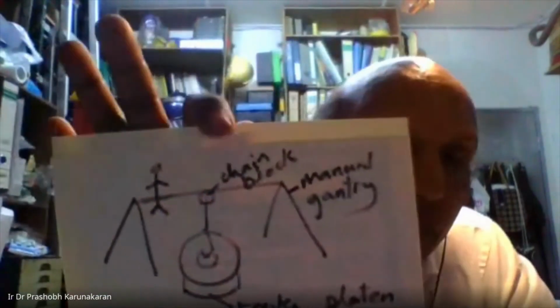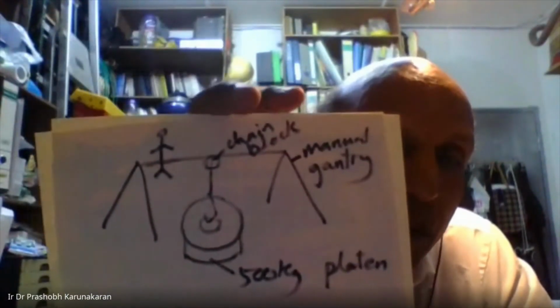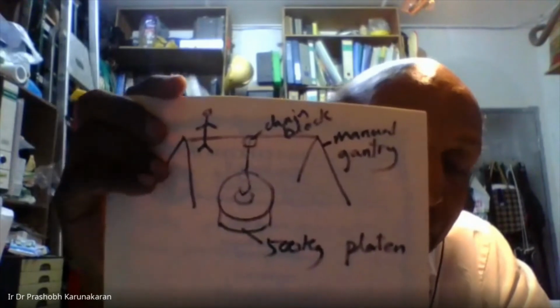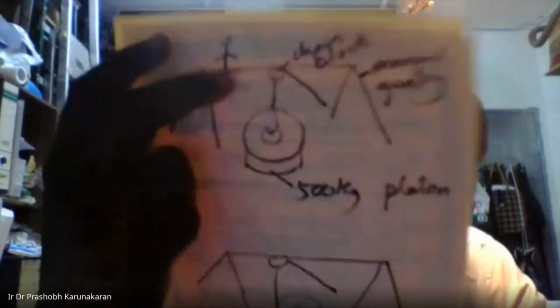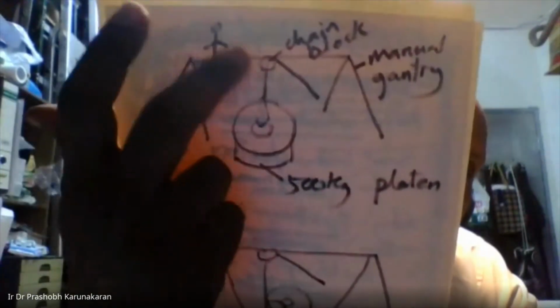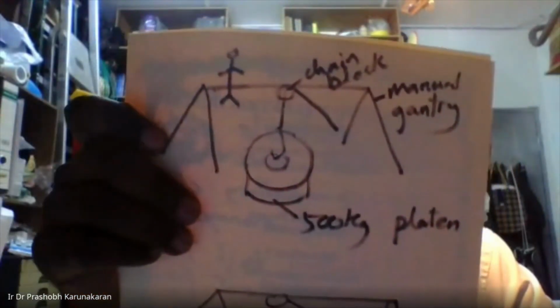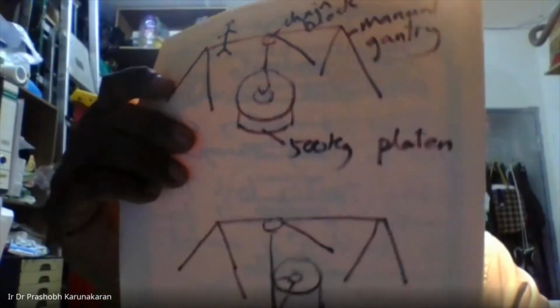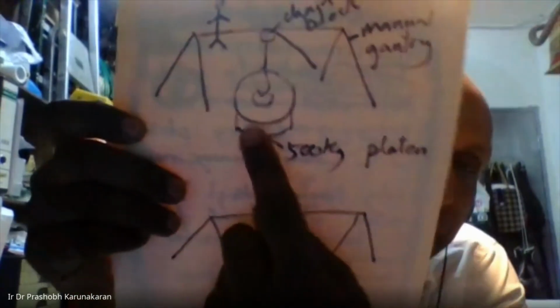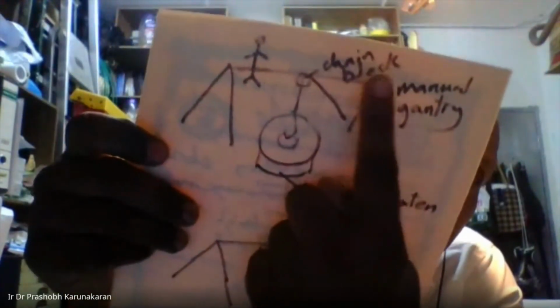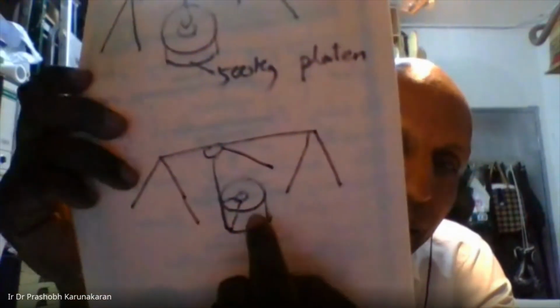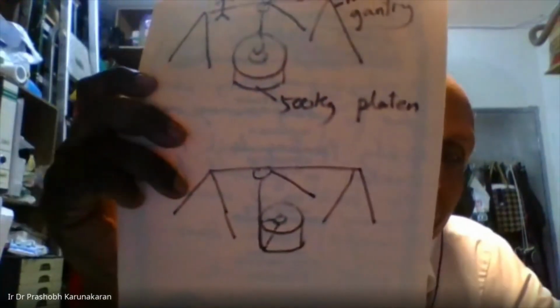The chain block has a lot of gears, so even a human can carry a big load. You pull a chain, you can carry even 500 kilo. There's a lot of pulleys in there. It's a standard thing in mechanical engineering. But this person carried from this side. Obviously, this thing will fall down. It injured him. If you carry it from the middle, nothing will happen.